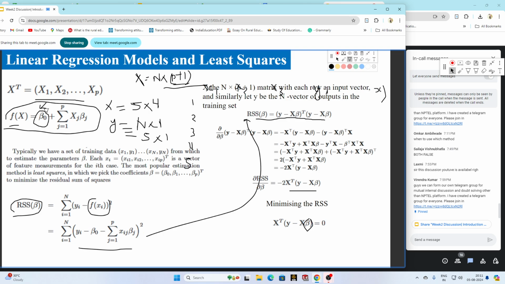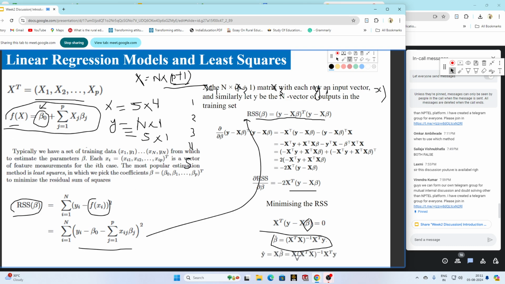Remember, beta is a matrix that takes beta naught, beta 1, beta 2, up to beta n. When we solve this, we will get the beta matrix as (X transpose X) inverse, that is the transpose of the X matrix into the X matrix, inverted, into X transpose y. So we found the beta. Once we have found the beta, we can put all the betas in this equation and we can find the f(x).